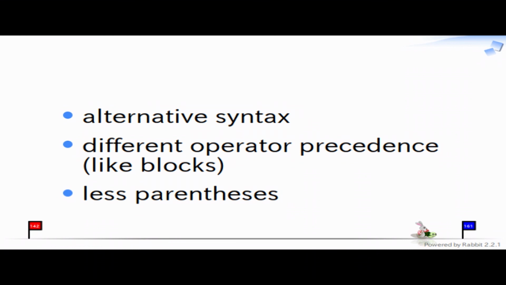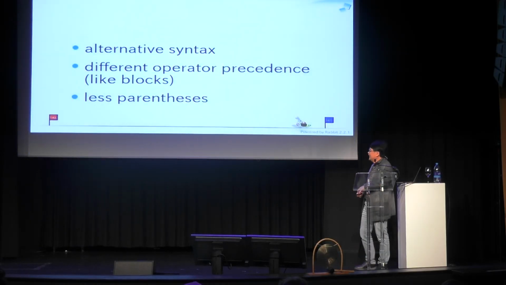But it has a different operator precedence. Like blocks, we have two expressions for blocks, the braces and the do and end. And by using this syntax, we have fewer parentheses.